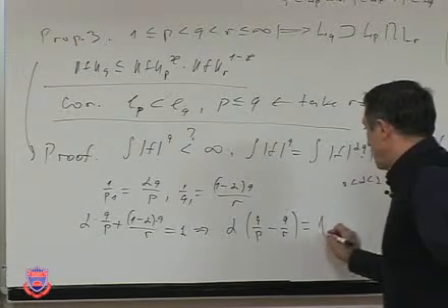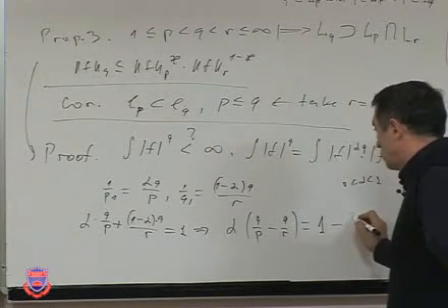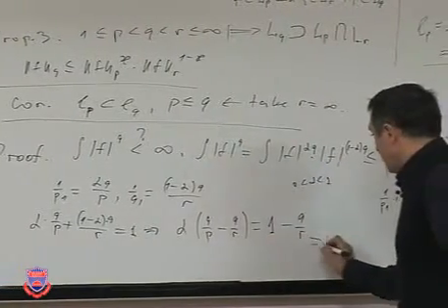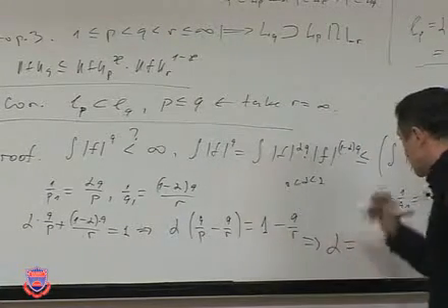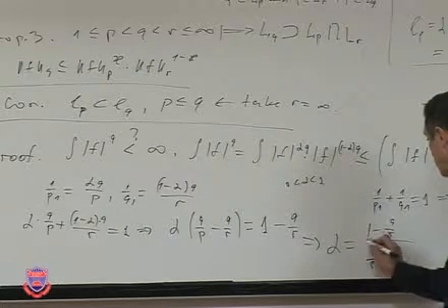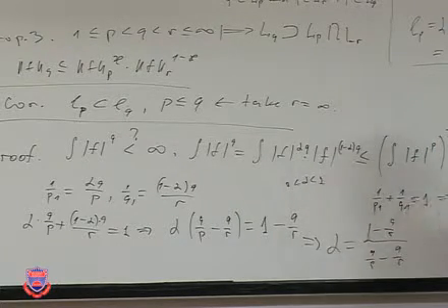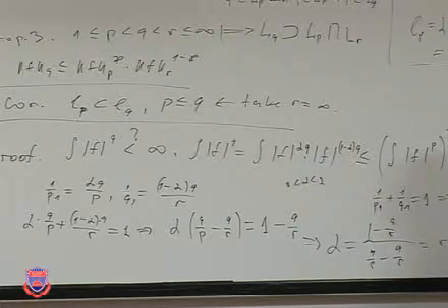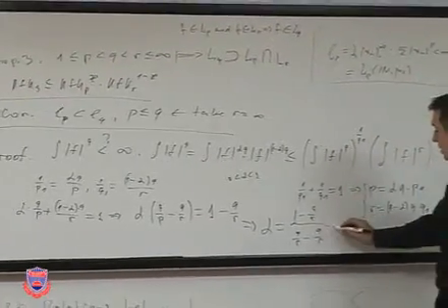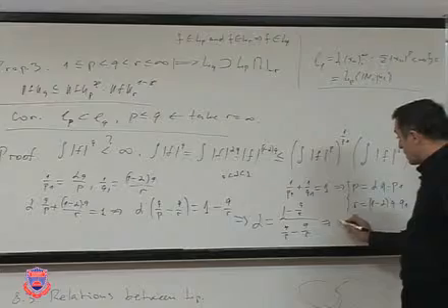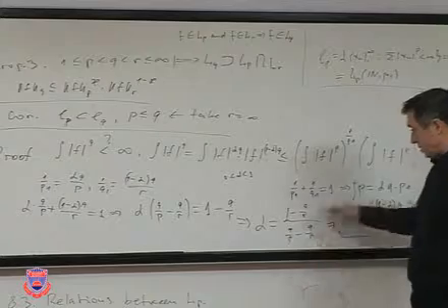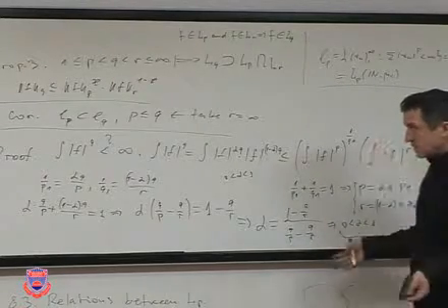It is 1 minus Q over R. Therefore, we can write it just in this way: 1 minus Q over R, and here Q over P minus Q over R. If you want, you can simplify it, so it is R minus Q, but I'm not sure it's a good simplification. Let's fix this form. Clearly, this is something from 0 to 1. It's easy to see that it's positive, and not difficult to check that it is less than 1. Therefore, this alpha exists.